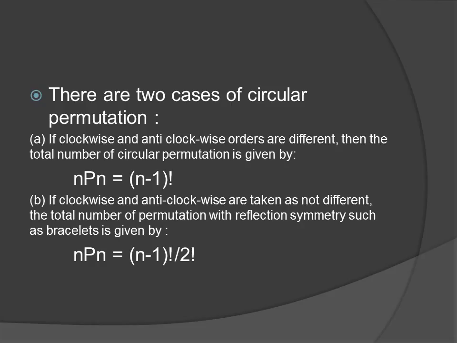The second one: if clockwise and anti-clockwise orders are taken as not different, the total number of permutations with reflection symmetry, such as bracelets, is given by the quantity n minus 1, factorial, divided by 2.